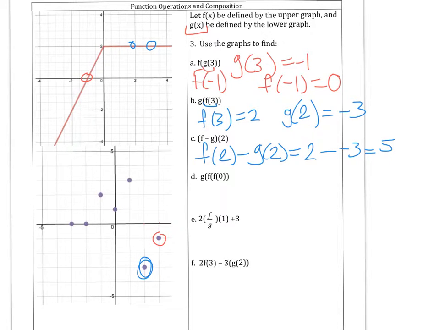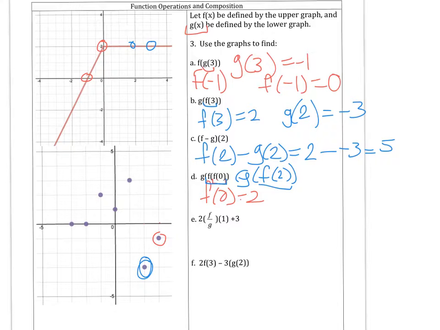G of f of 0, work from the inside out. F of 0 is 2. Now I'm going to look at my next layer. So that's the g of f of, and f of 0 was 2.